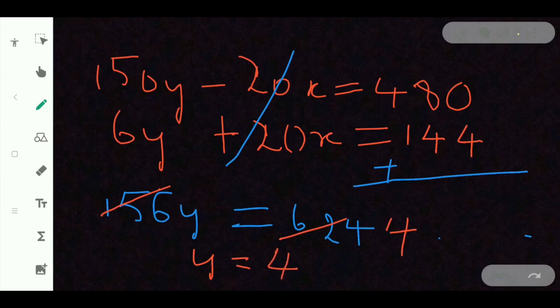So to know the value of x, we should substitute this y value in any of the equations.